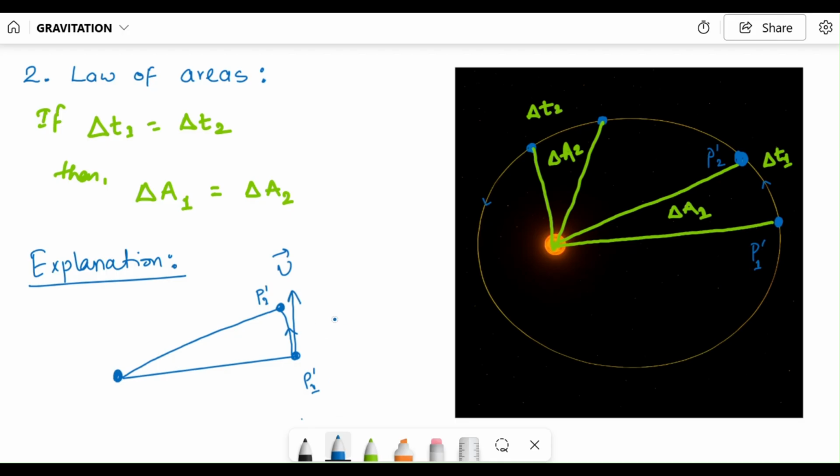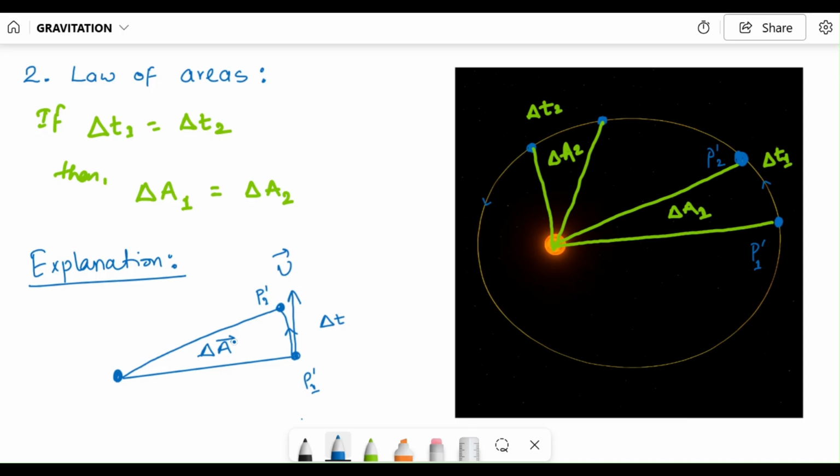And then we have a time interval delta t. In general, earlier we were taking delta t1, delta t2 because we were comparing the two situations. If we are taking only one situation here, no need to write delta t1 or delta t2. And let's take this area as delta A, and you can express it as an area vector. Its magnitude is the area itself, and its direction you can obtain by using the right hand.